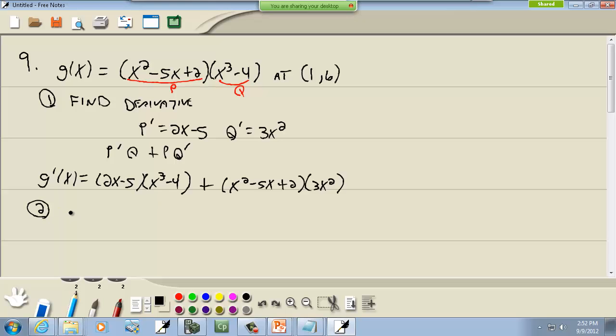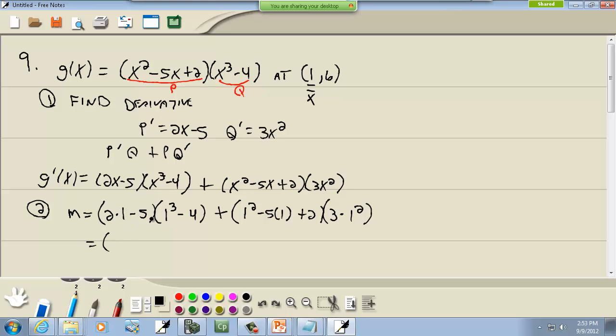So our second step is to replace our derivative notation with m, and plug in the x part of our point, this is our x, into this right here. So this is going to be 2 times 1 minus 5, then 1 to the third minus 4, plus 1 squared minus 5 times 1 plus 2, and then 3 times 1 squared.